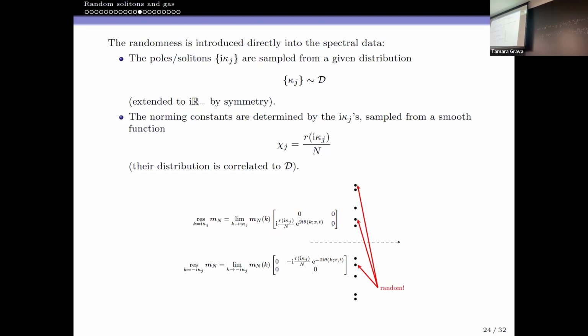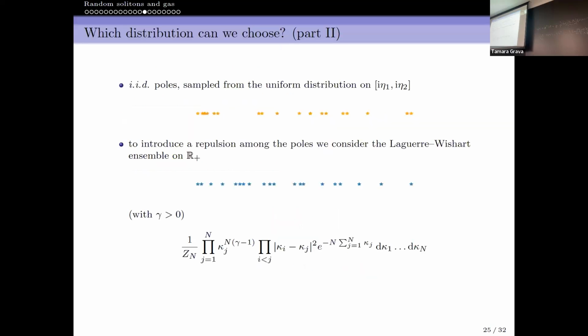So I choose two kinds of randomness on the poles: uniform distribution, or, to introduce repulsion, a Laguerre. There are some issues here, because if you have poles that are coincident, you have a singular solution of KdV, so you have to keep track of this. The probability is very small, but you still have to keep track of the fact that they can overlap.